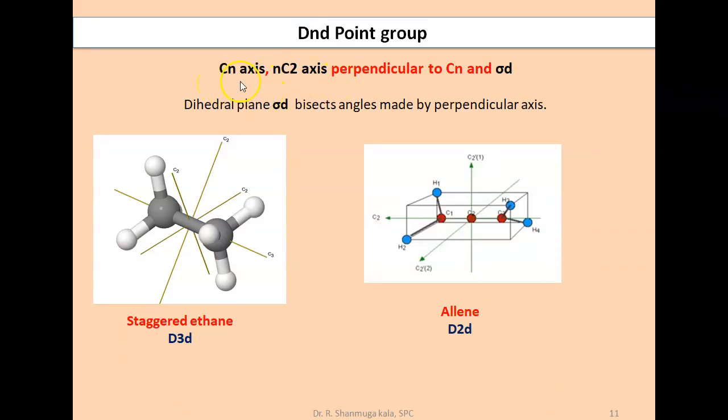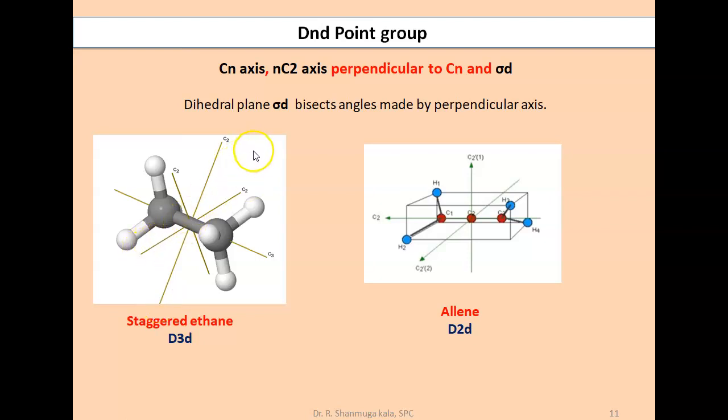And the DND type of point group. The molecule contains a CN axis, N number of C2 axes perpendicular to CN, and along with that the sigma D plane. So how do we find the sigma D plane? Sigma D is a dihedral plane that bisects the angles made by the perpendicular axes. When we find more C2 axes which are perpendicular to each other, and if a plane bisects the two C2 axes, for example in staggered ethane, this is a C3 axis, but the perpendicular C2 axis is this one, and this is also a C2 axis.